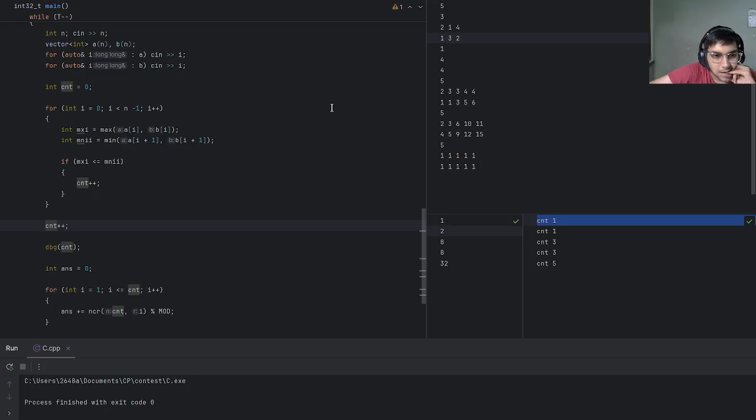I keep forgetting. 214132. Yes, obviously I have to do it, they are connected. Here they are not connected, so count as two actually.